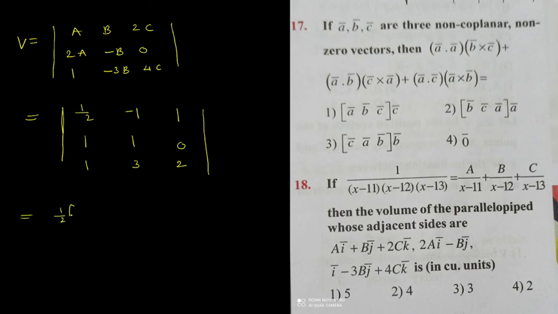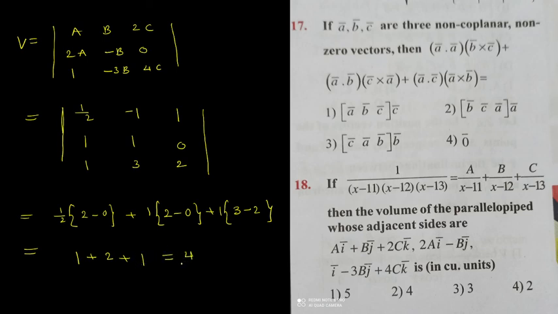1 by 2 into 2 minus 0, minus of minus plus 1 into 2 minus 0, plus 1 into 3 minus 2. So this is 2 by 2, 1. Next plus 2. This is 1. So finally the answer will be 4 cubic units.